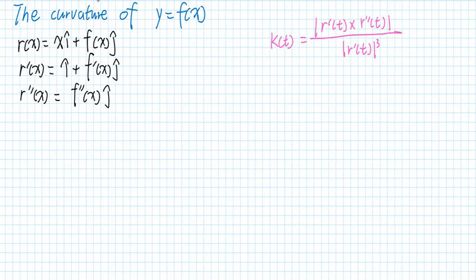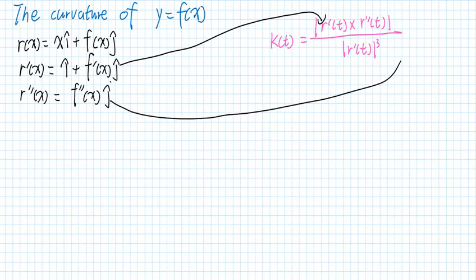So here, R'(t) is this one, and R''(t) is R''(x). So we take their cross product.